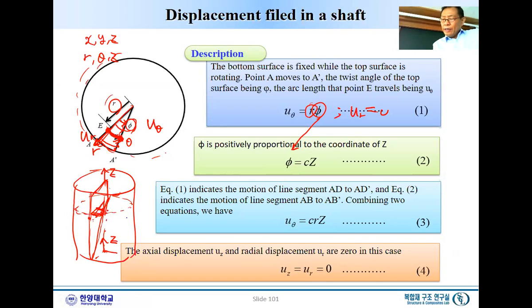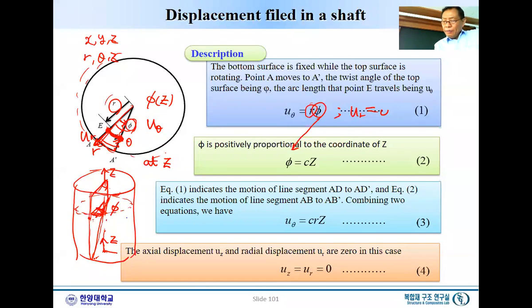And now at any point at z, an arbitrary position, this angle phi is the angle of rotation. Phi is a function of z, right?